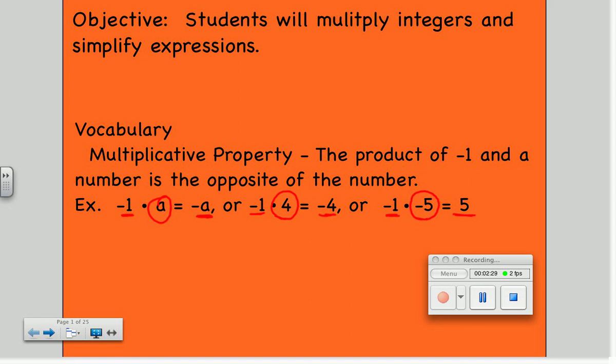So just to remind you of your vocabulary here, for multiplication, the answer in a multiplication problem is the product, if you remember that correctly. And the numbers that you are multiplying are called factors. So just to remind you, this is the product.